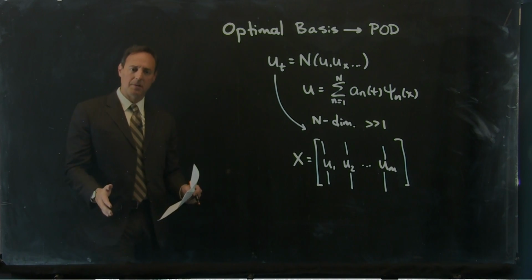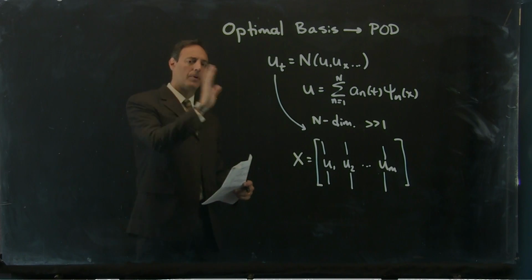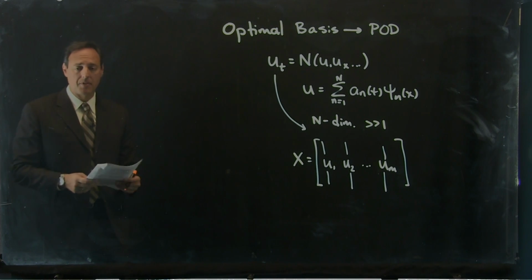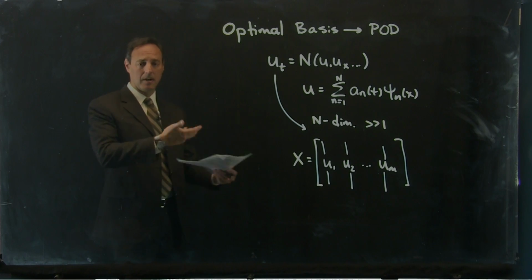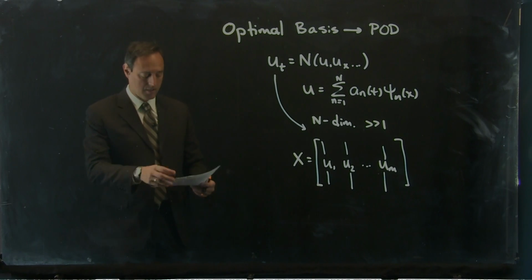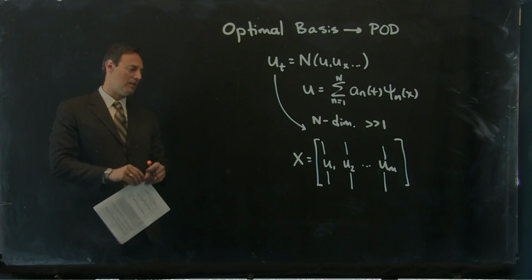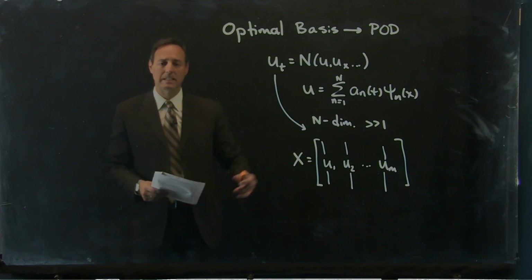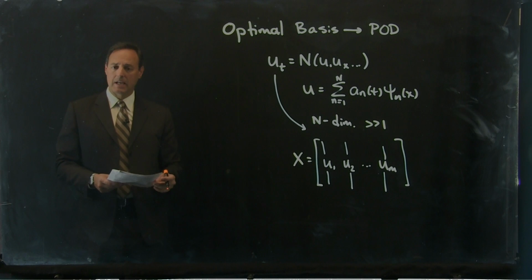I have this high-dimensional vector space at time t1, t2, all the way to t of m. And I've used whatever method, whether it was a finite difference scheme or some kind of spectral expansion, something like Fourier modes. And I've collected my data somehow. And it was costly.